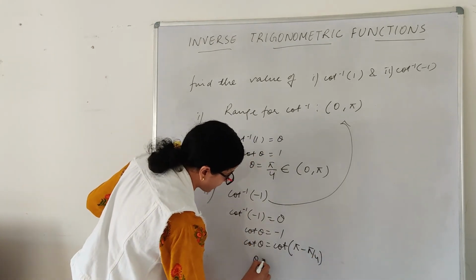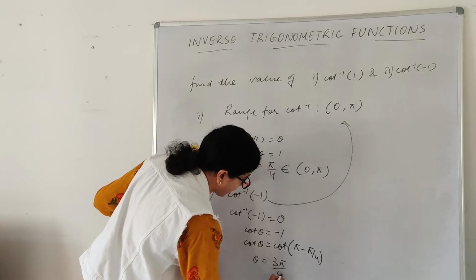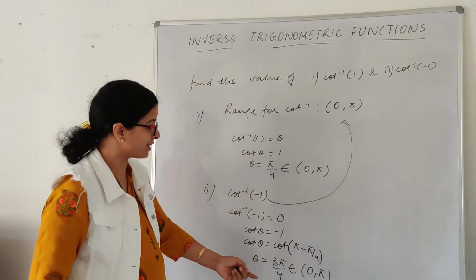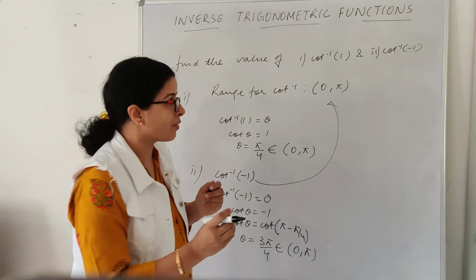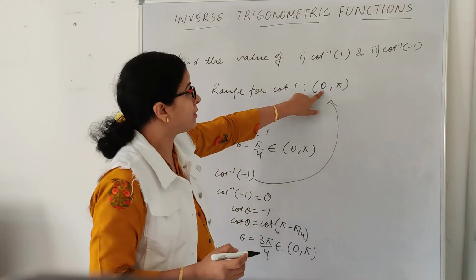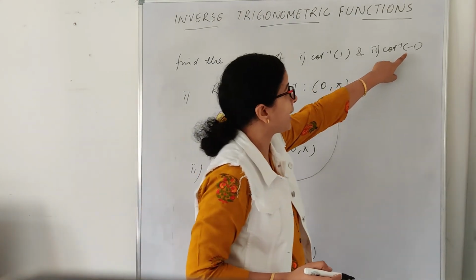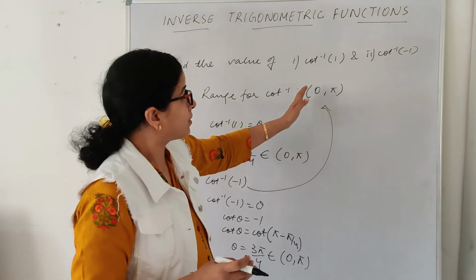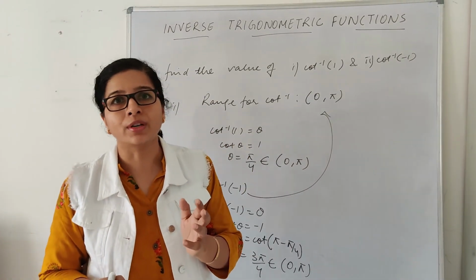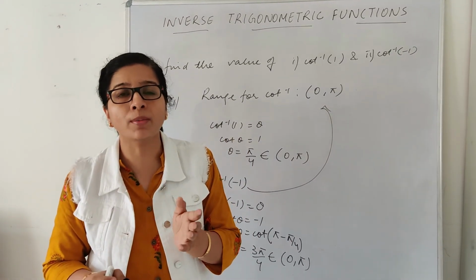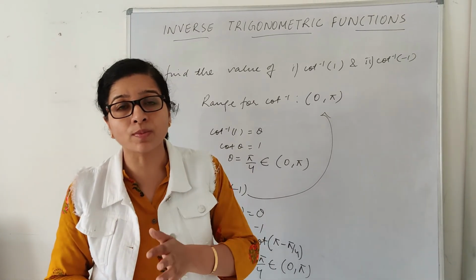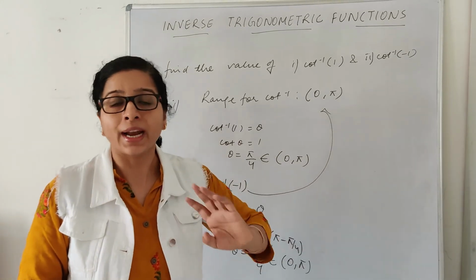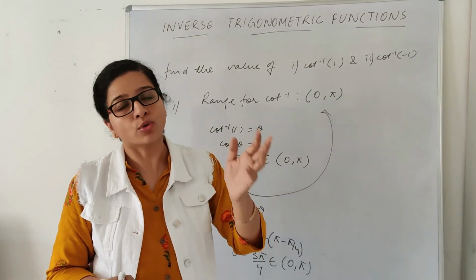Okay, so theta is equal to 3 pi by 4, and 3 pi by 4 also belongs to the open interval 0 comma pi, hence this value is correct. So whenever you have the interval 0 to pi and you are getting a negative value, you should use pi minus theta. Say for example, tan inverse minus 1 will be minus pi by 4. If it is cot inverse minus 1, it will become 3 pi by 4, because my range is 0 to pi. In tan inverse, my range was minus pi by 2 to pi by 2.